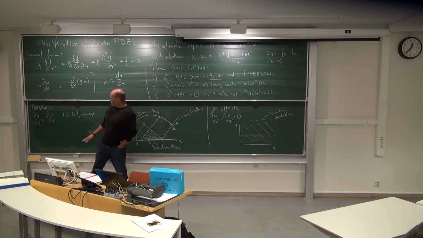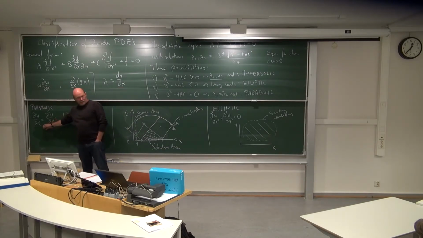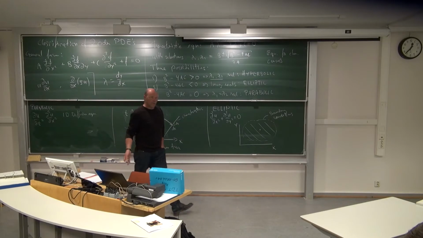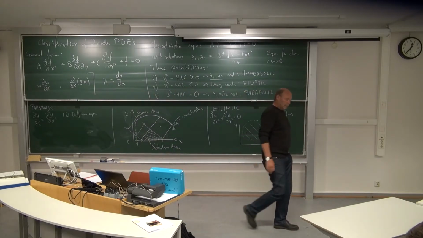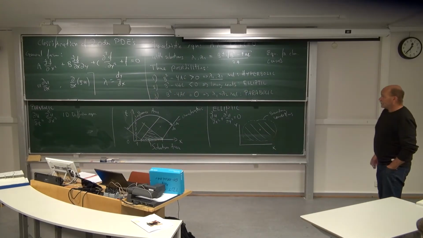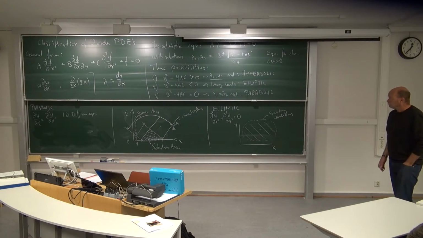From the Navier-Stokes, we have the time derivative of the velocity equals the viscosity multiplied with the double derivative. Here only one dimension. So that's a parabolic equation.